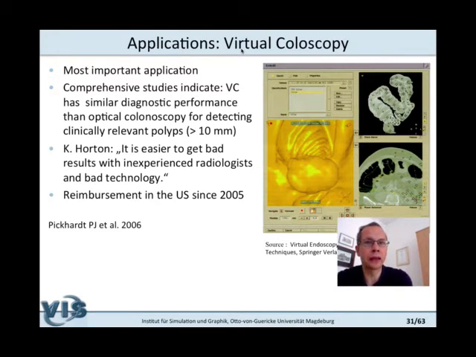What you can expect today: we discuss applications, and by thinking about applications, we have to assess virtual endoscopy from two points of view. One is a little bit more from a technical point of view. That is what I would refer to as validation.